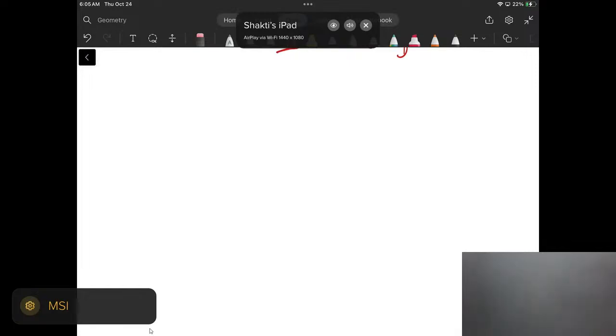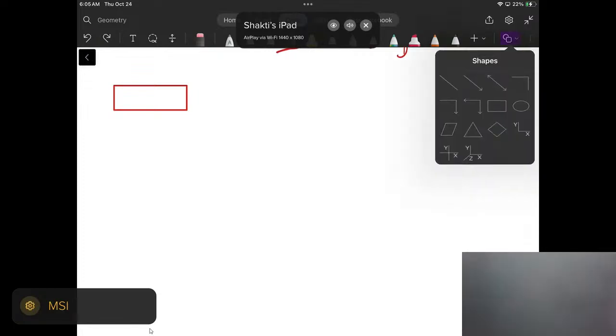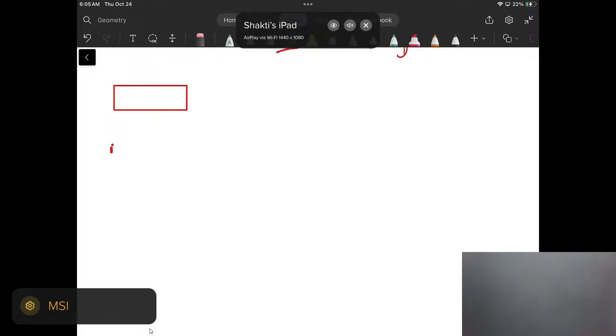Now let's take an example. We will draw some figures, and you have to tell me the area of the following. This is my figure, and we will draw another figure, and another figure.